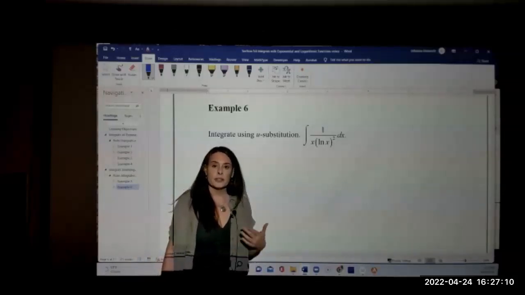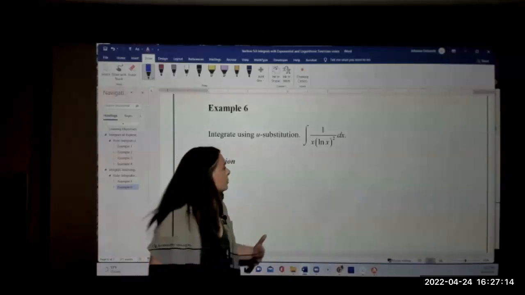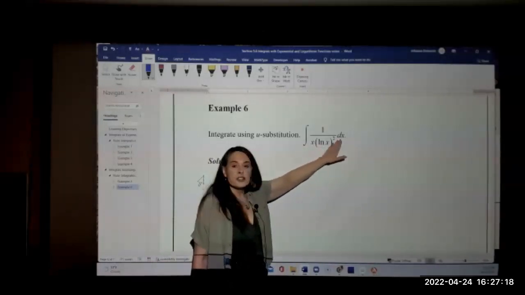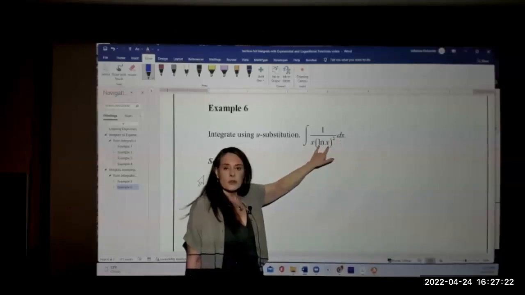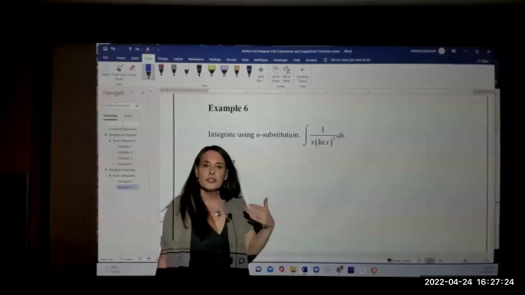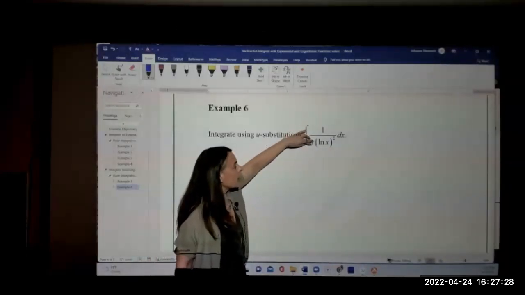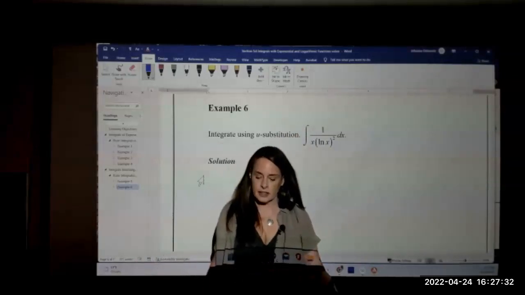What is a good choice for u? Denominators are good places to find u, and so is the base of an expression raised to a constant power. So that makes natural log of x a really good choice for u. Plus, I can see that I have 1 over x, which is the derivative of natural log of x.